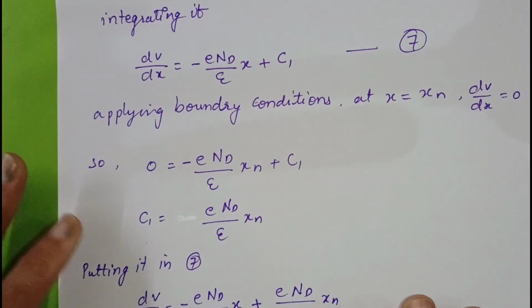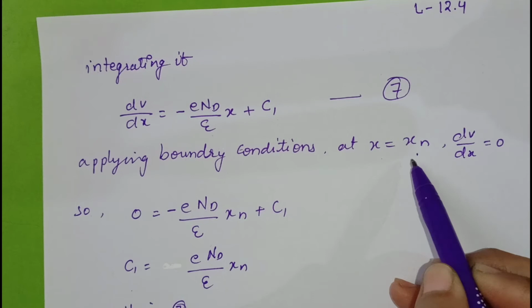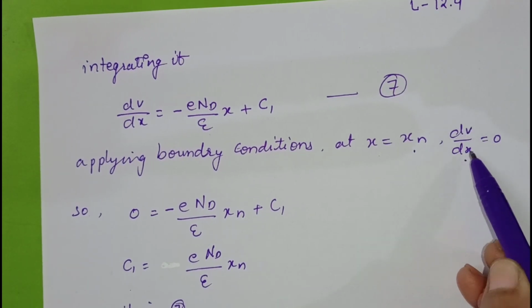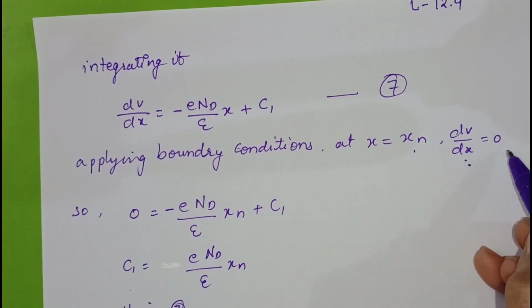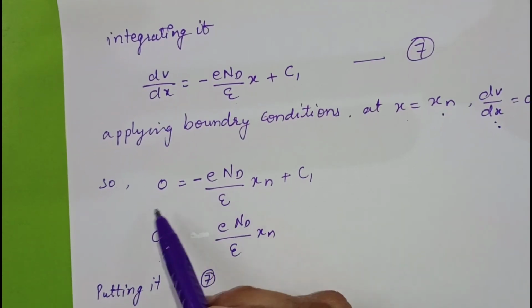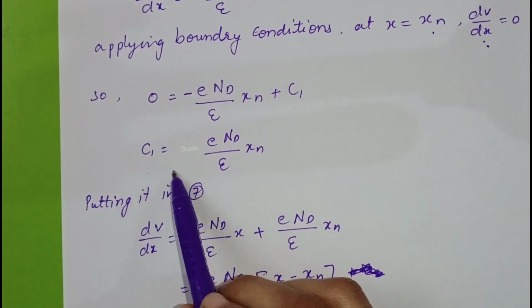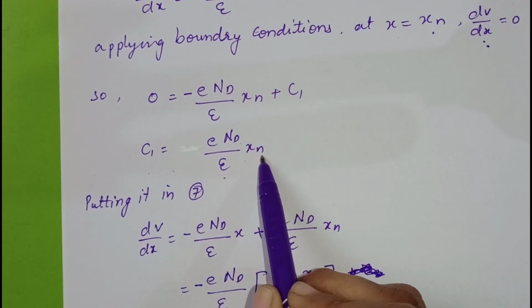So by putting x equals xn at the boundary, and dV upon dx equal to 0, because the potential at the boundary is constant, we will get the value C1 equals E Nd upon epsilon into xn.